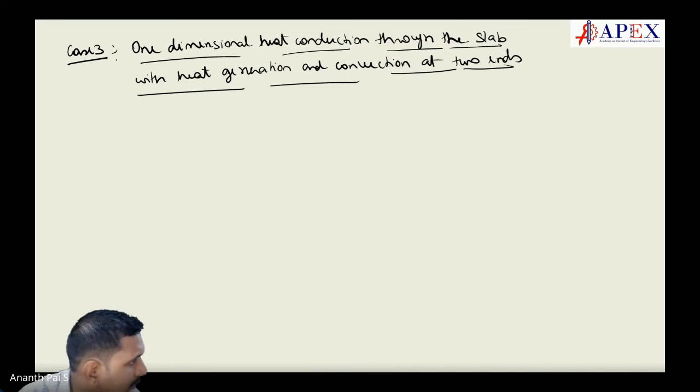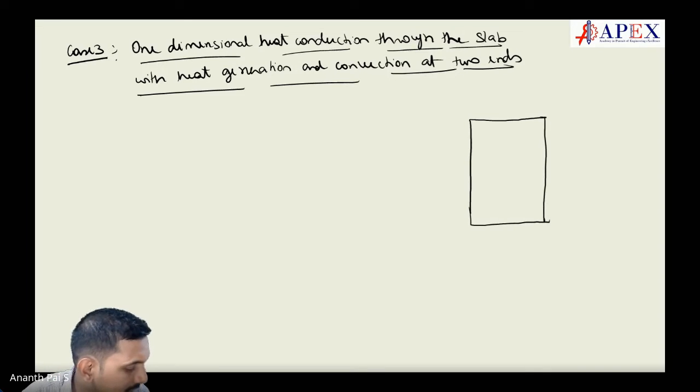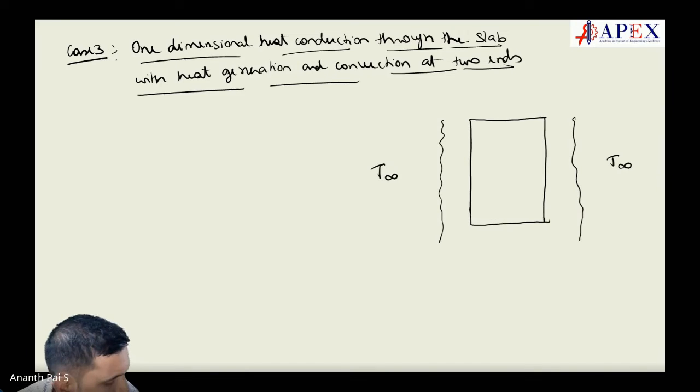So we are going to combine heat generation as well as convection. I have a slab here. There is heat generation happening, and on the surface there is convection, with a boundary layer. Let us say this is T infinity of the surrounding air.